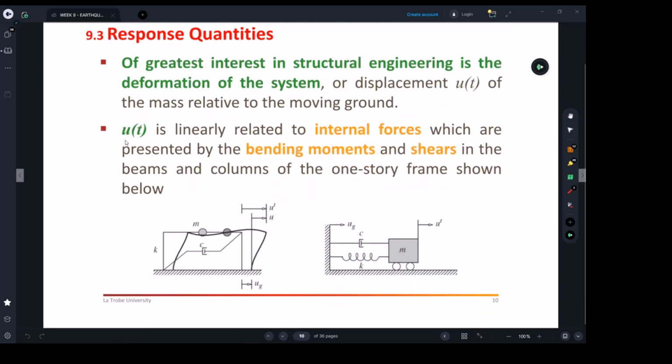Now, given that you're going to be the engineer who designs your building, and we are assuming it stays within the linear stage, internal forces can be considered. The forces from the accelerations can be taken to calculate the bending moments and shear force diagrams, something we applied under harmonic motions.